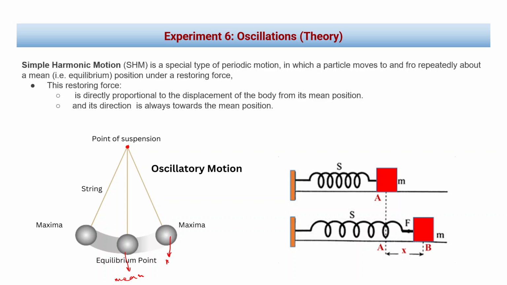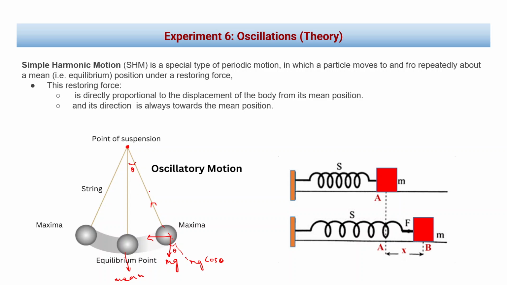So as we know, when I take this body away from equilibrium, there will be mg working on this bob downwards, and there will be tension acting along this string, and if this angle is theta, that means this angle is also theta. This means this component, if I put it into cos theta and sin theta components, this will be mg cos theta, this will be mg sin theta, right?